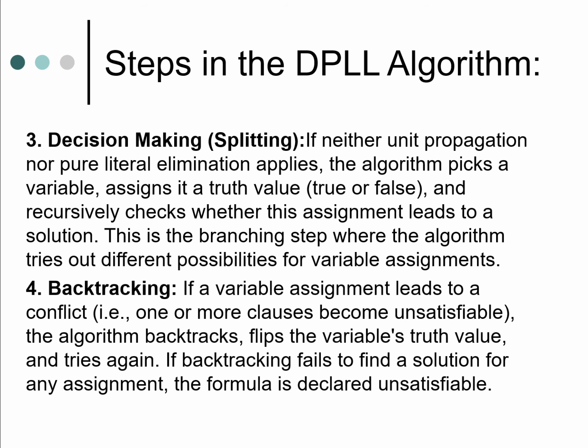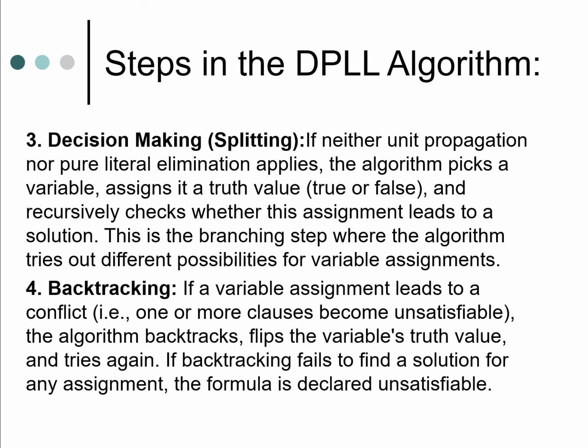The next step is decision making. It's also called splitting. We apply decision making if neither unit propagation nor pure literal elimination applies. If neither applies, the algorithm picks a variable, assigns a truth value, either true or false, and recursively checks whether this assignment leads to a solution or not.